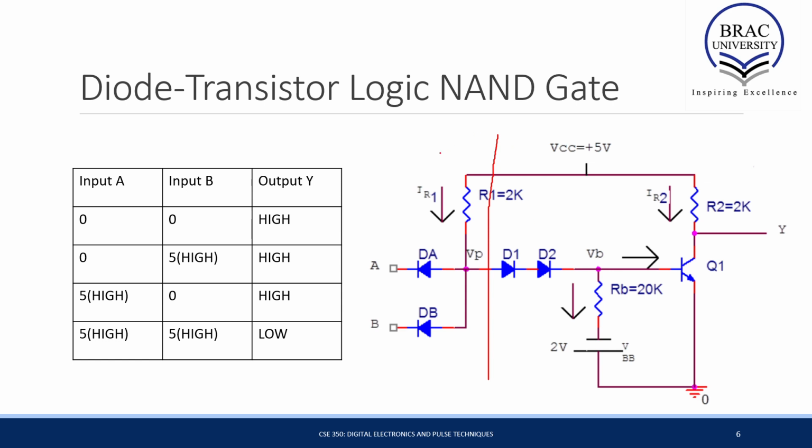This portion is the diode logic AND gate, and this is the inverter, or NOT gate. So the AND and NOT gates are combined to form a diode transistor logic NAND gate.